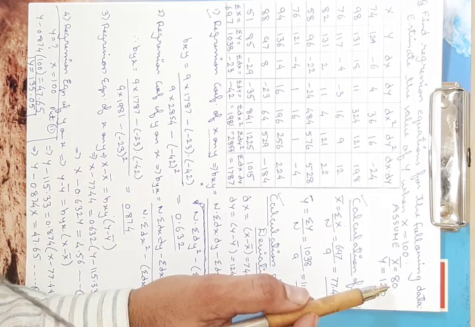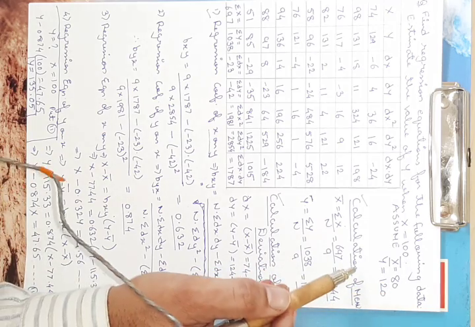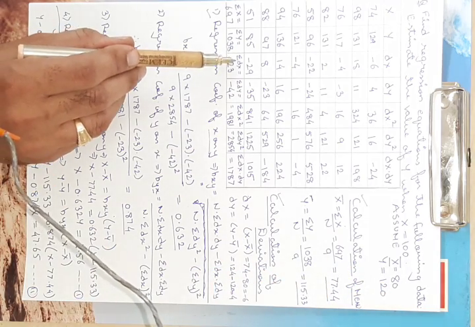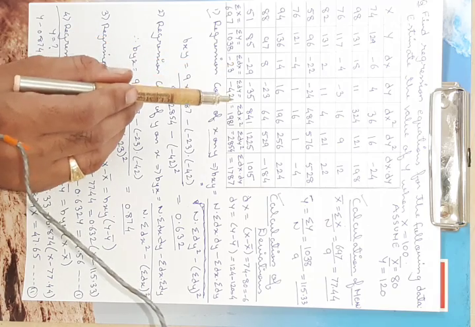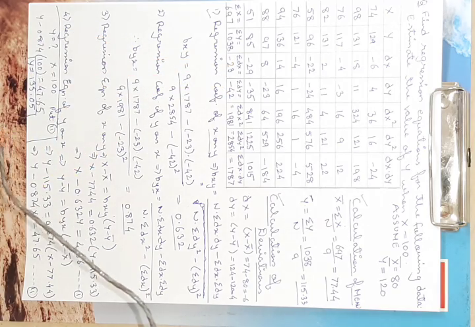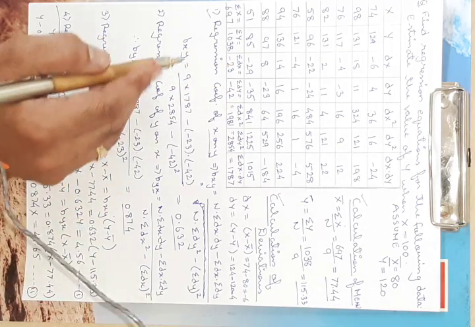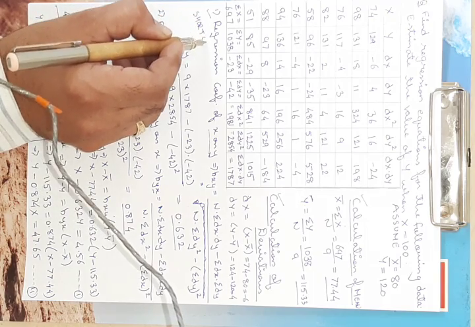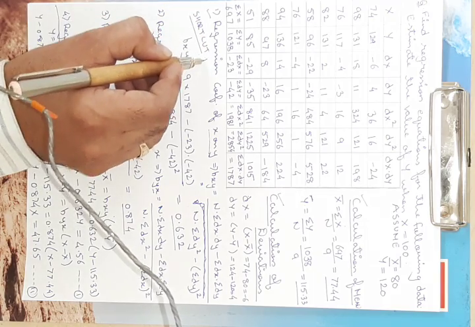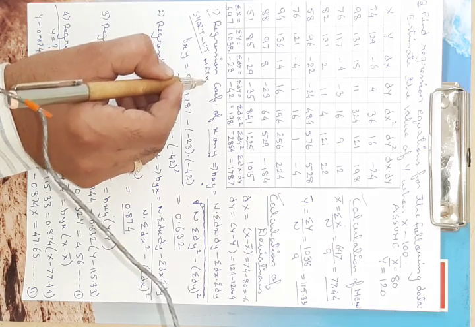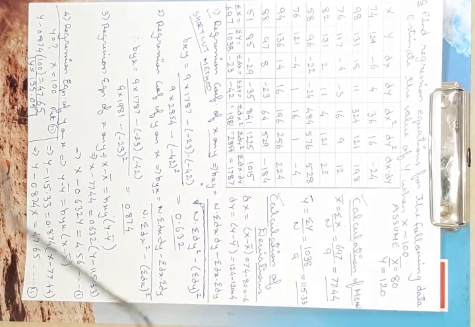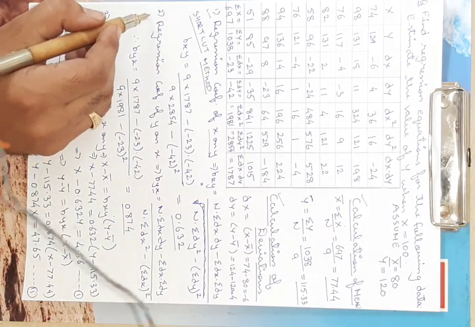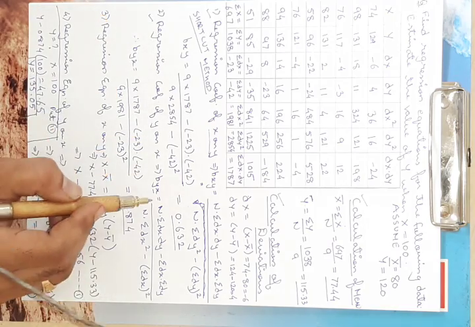Because here we have assumed some other mean, because we have got the value of summation of dx as well as summation of dy as a non-zero value. Therefore we have used the formula which is called the shortcut formula or shortcut method of finding out the two regression coefficients. Similarly, we have found out the regression coefficient of y on x.